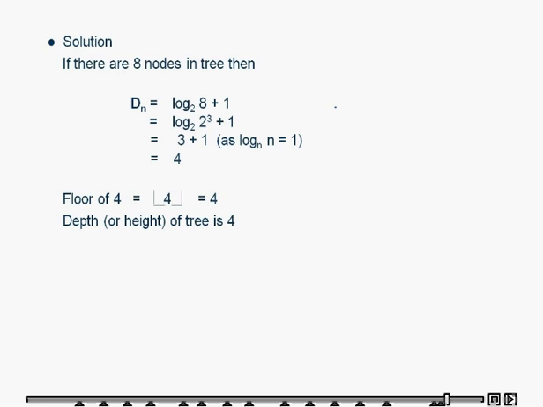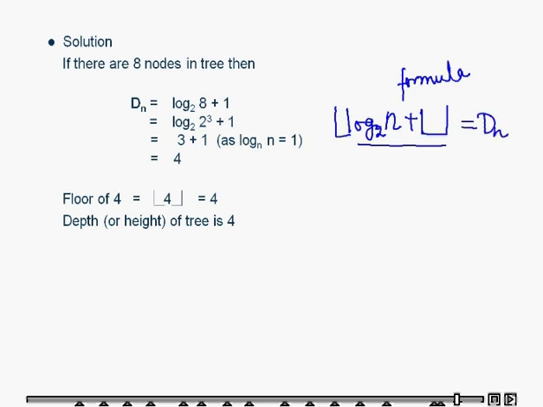The formula is floor of log of the total number of elements n to the base 2, plus 1, and we take the floor of this. This is the formula for calculating the depth or the height of a complete binary tree. We denote it with dn.